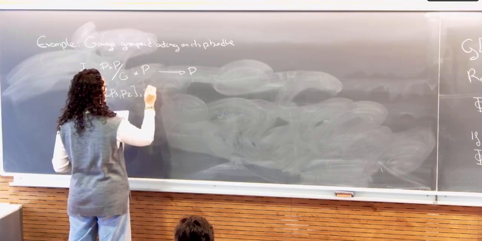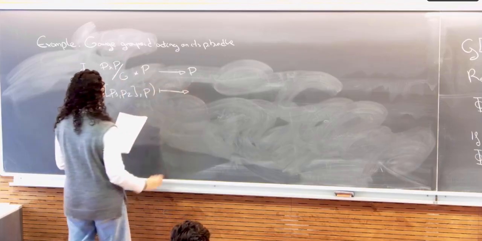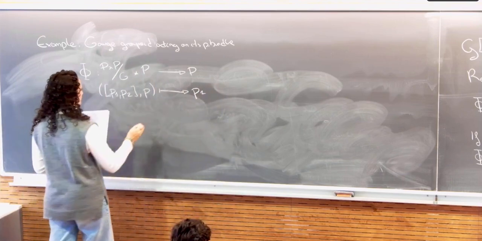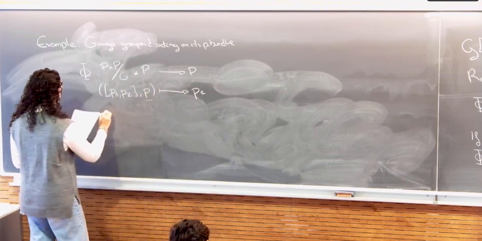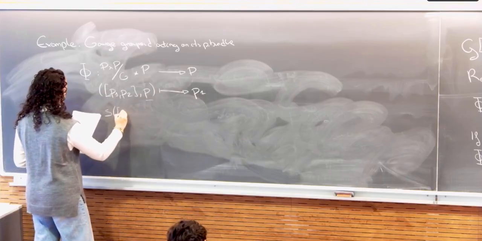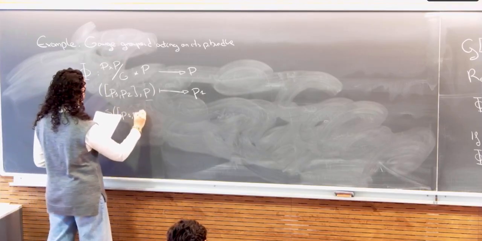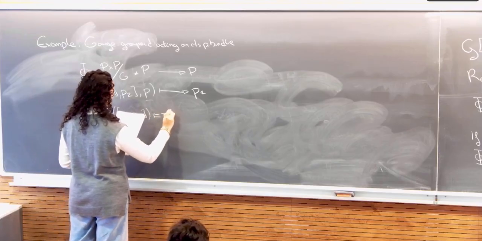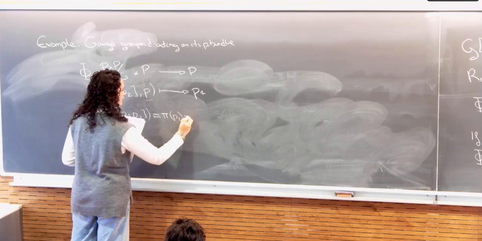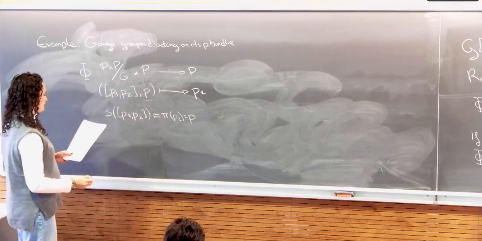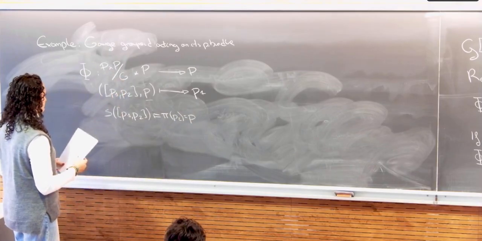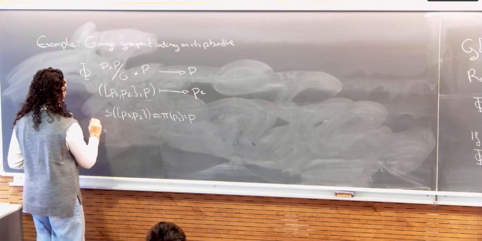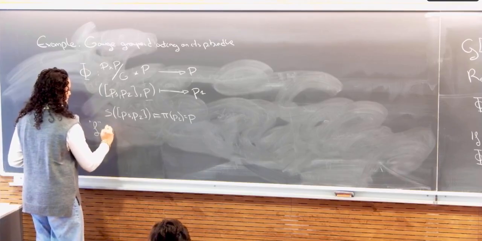If we have this operation such that this P is the same as the projection of P2, then it has all the properties and F would be P.